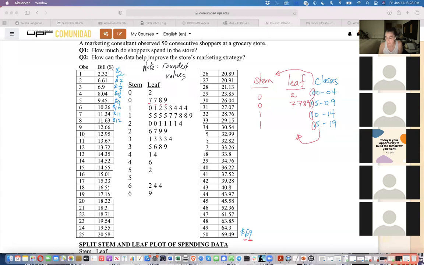The key is that the first digit is the stem. So that's why I have to begin with a 10 here. I couldn't go up till 10 here, otherwise all these values wouldn't share the same stem. That is a problem.